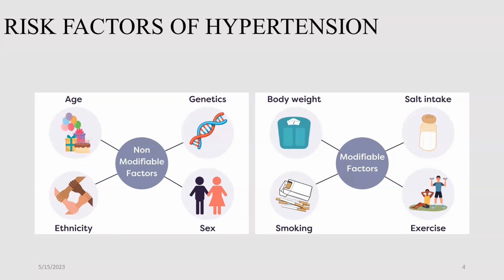Genetics, sex, and ethnicity are also part of the non-modifiable risk factors. These ones we cannot do anything about. We say men generally have higher blood pressure than women, but when pregnancy comes in, the statistic changes. When menopause comes in, the statistic changes. That is why we are saying sex. During a time in one person's life, they may be more prone to high blood pressure.